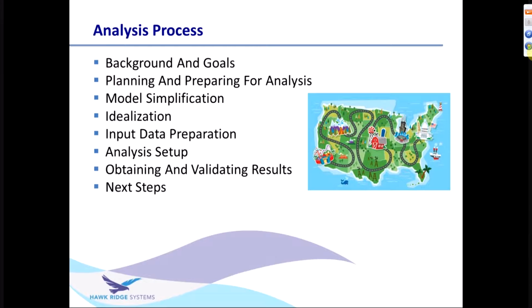From there, we try to see if we can apply this data directly or if we need to convert the data into something we can use in simulation. Once we have everything set up and put together, we then run the analysis in order to obtain results.